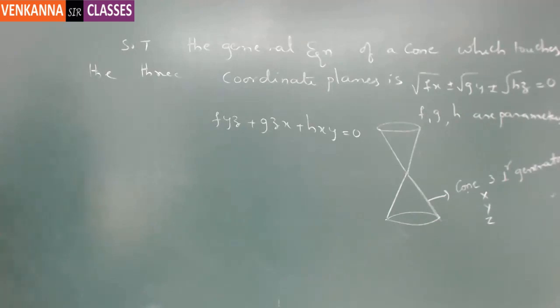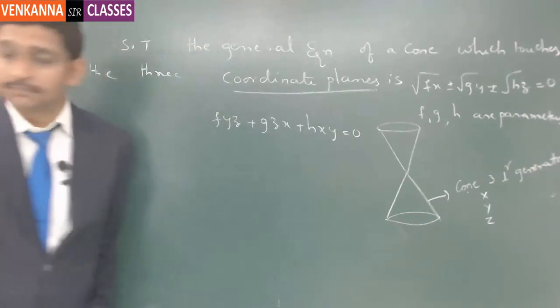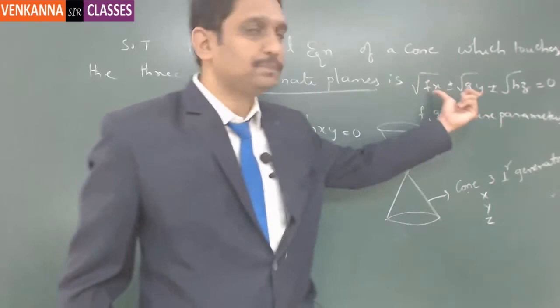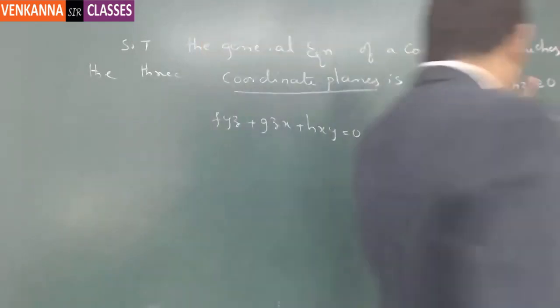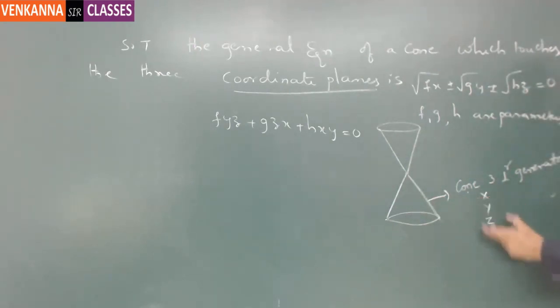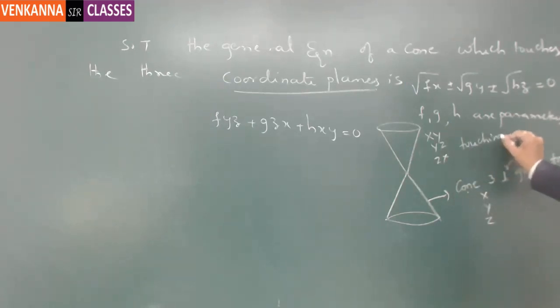Right. So as per the problem, we have to calculate the equation of a cone which is touching the coordinate planes, and the equation will look like this one. So what happens if you say that this is the cone having the three axes as generators? Its reciprocal cone is nothing but having the three planes, or the touching planes, or the tangent planes.